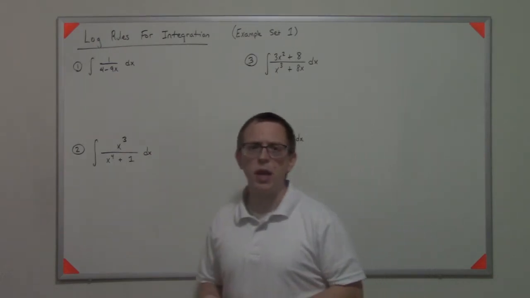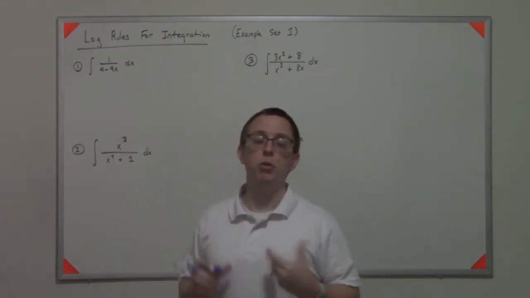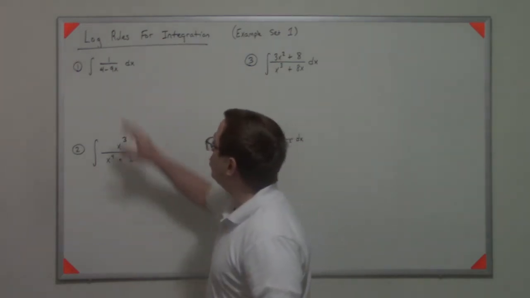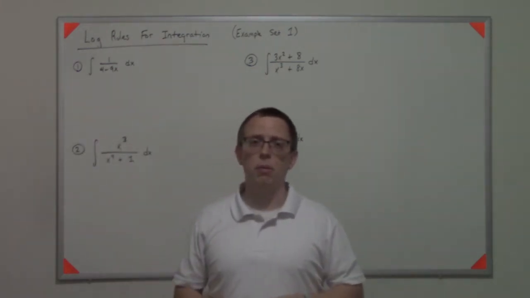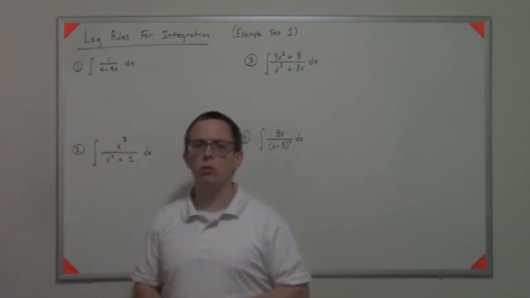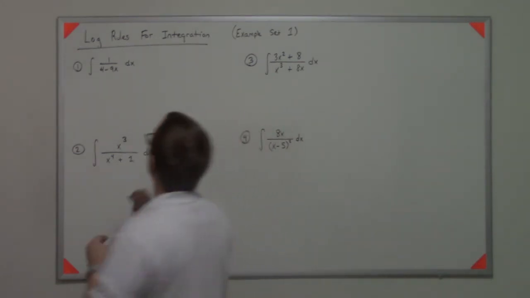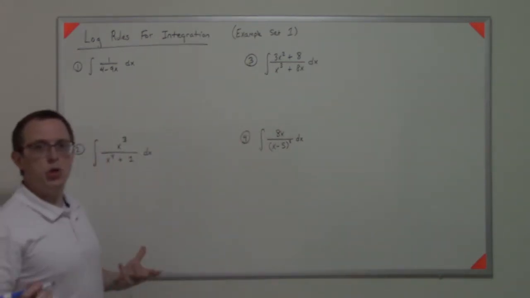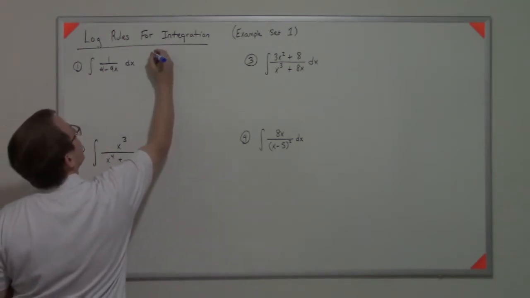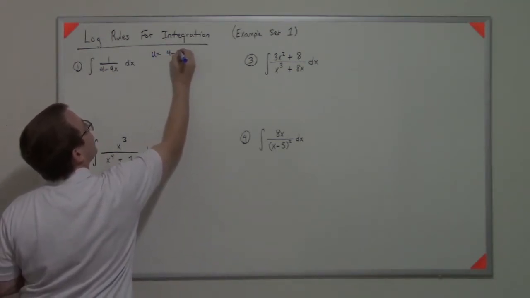In this particular case, I'm going to perform a substitution. You start off just looking in the denominator and say, okay, 1 over 4 minus 9x. Then let's try u equals that. Let's say u equals 4 minus 9x.